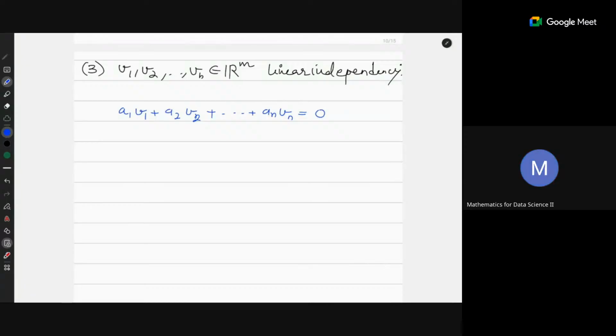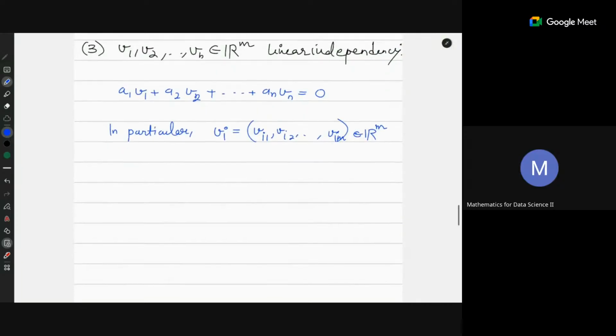So the corresponding matrix: your typical vi will have m coordinates. Let me write it this way: vi1, vi2, up to vim, because it is a vector in R^m. You can expand all these and you will get a system of equations.